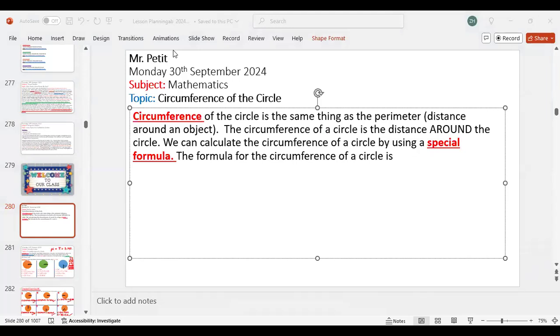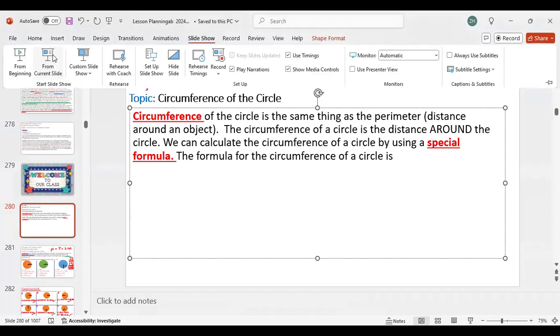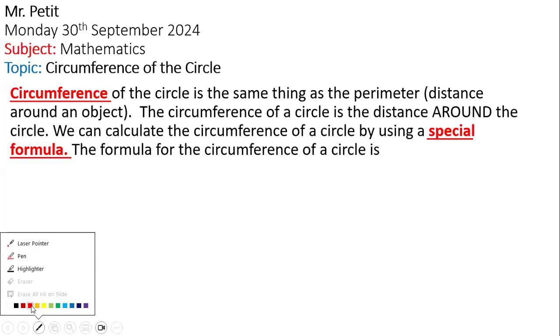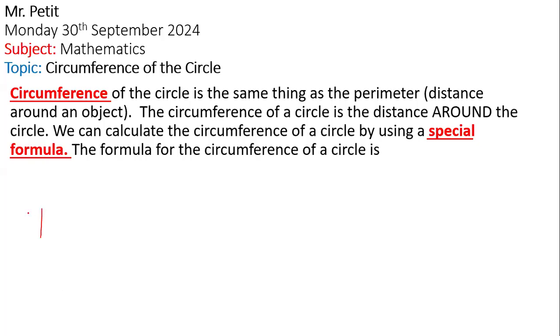All right, let me give you some options, and you can tell me which one you think it is. I'm going to enable the chat so you can try. Tell me what you think the circumference of the circle is. Is it pi r squared? Is it pi?